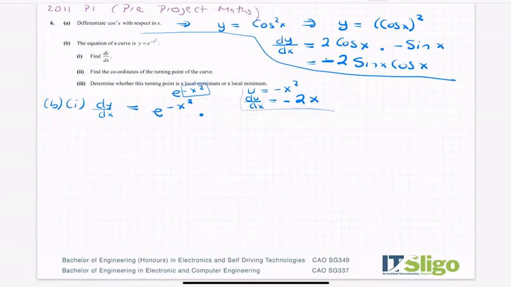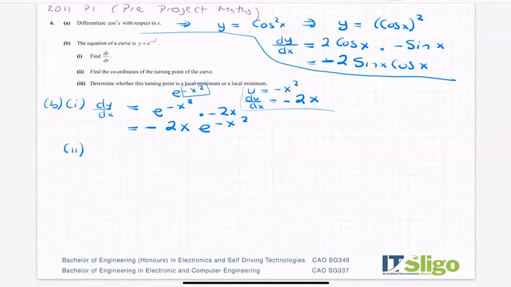Okay, so then in a chain, this is the e function differentiated, and I must multiply it by the inner function differentiated, and we got minus 2x for that. So again, rewriting that, my sign goes first, my number and my x functions, finishing off with the e functions. So that is dy dx.